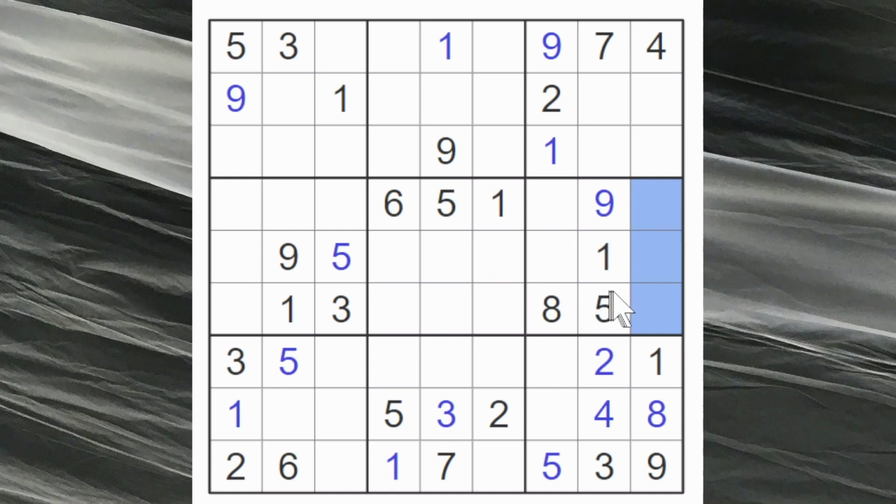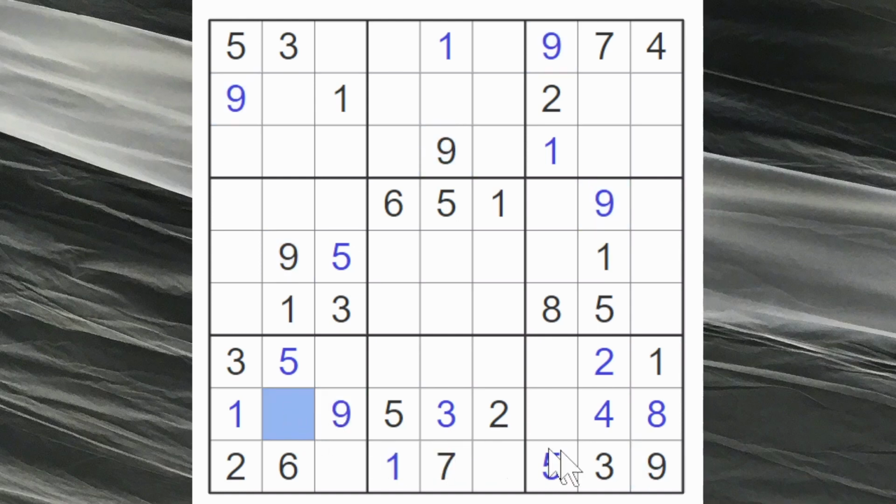And we can't place any of them just yet. We can place a 9 in one of these 3 empty squares because the 9 blocks this square and this 9 blocks this square, therefore a 9 must go here.